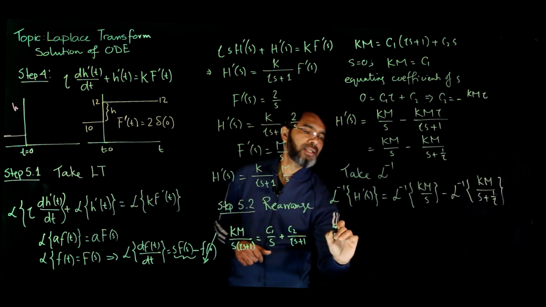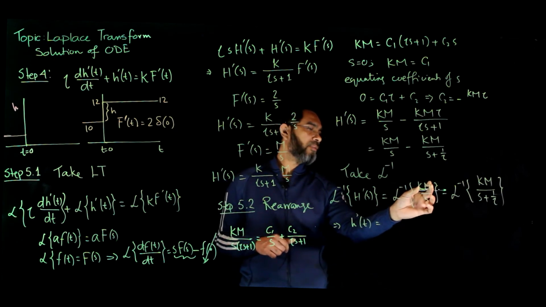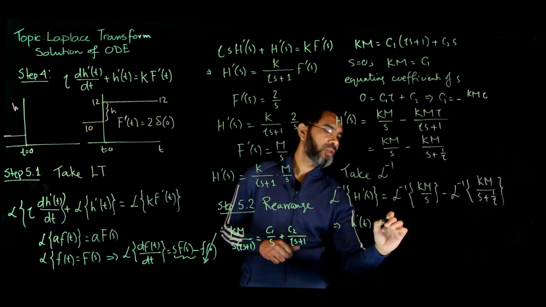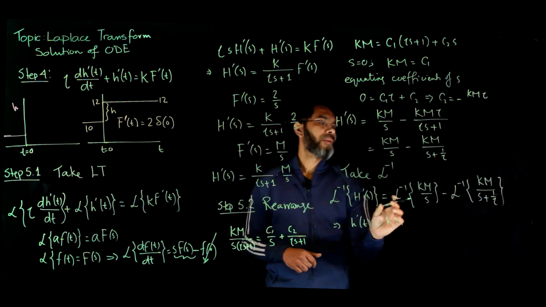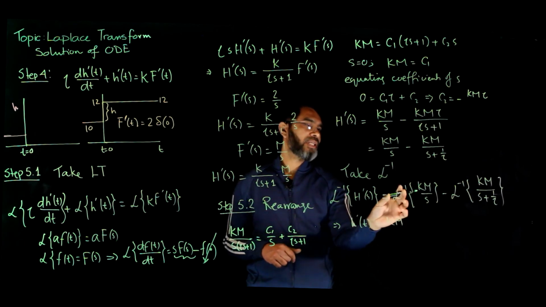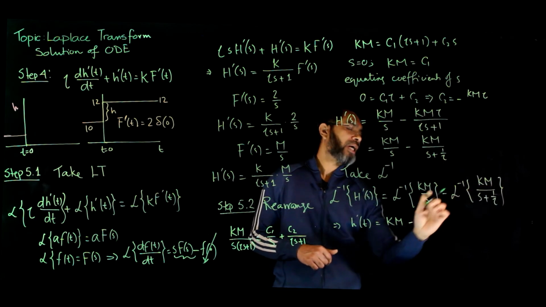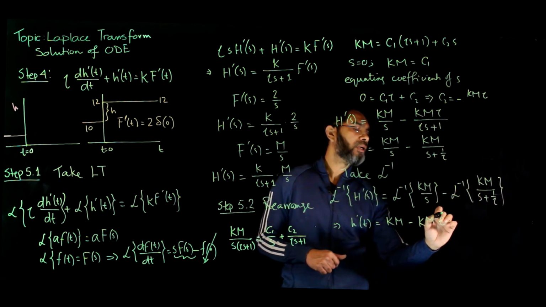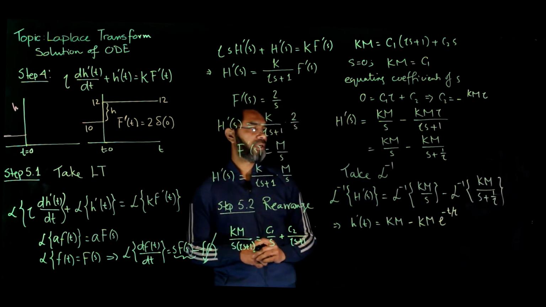Writing it as a function in the time domain, km is a constant that comes out, and the Laplace inverse of 1 over s is simply 1, so this term becomes km. Minus again the km term comes out, and the Laplace inverse of 1 over (s plus a) is simply e to the power negative at, with a equal to 1 over tau.